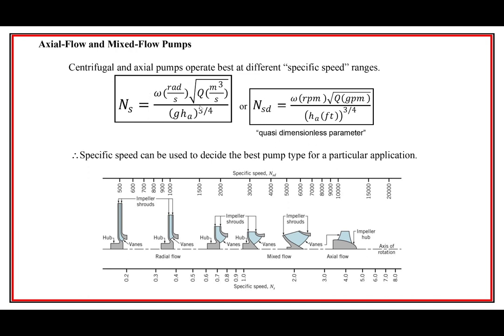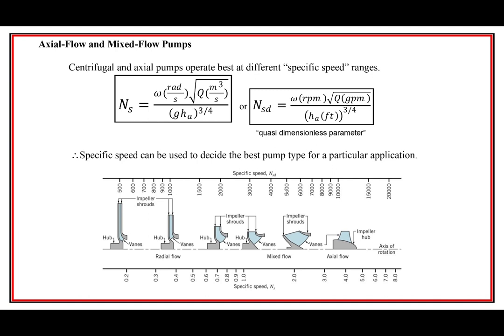So if we have just a hypothetical pumping situation and we don't know what kind of pump to use yet, we could use this specific speed, which is not really dimensionless. And by the way, there's also one, because we commonly use RPM, gallons per minute, and head in feet. Here's one where this specific speed really isn't dimensionless.